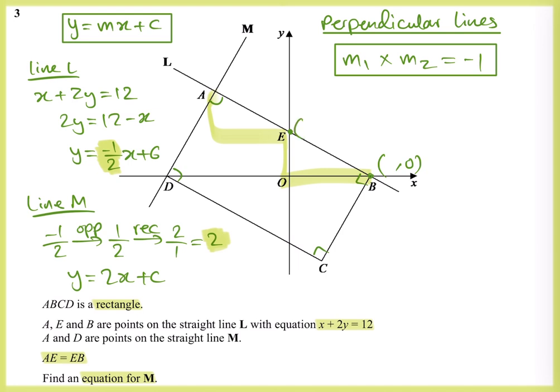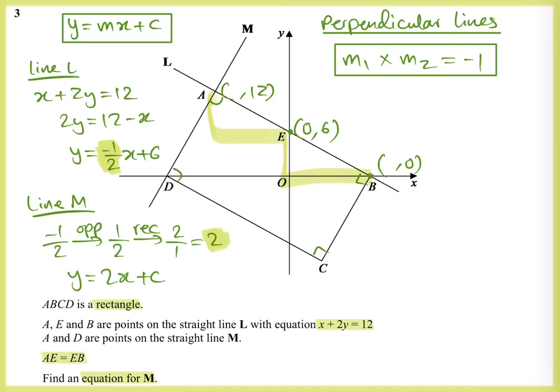We know the coordinates of E are 0, 6, as it's the y-intercept of line L. We know the y-coordinate of A already, because this is going 6 up, so they must be going 6 more, so that must be 12.